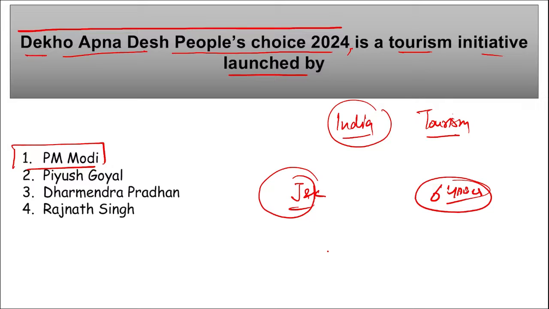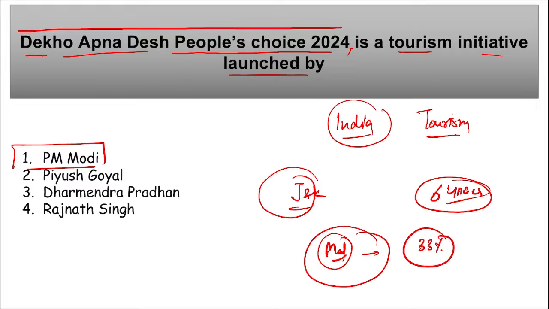Not just that, even Maldives recently, when there was a fight going on between India and Maldives and Indians started boycotting their nation, almost 33% of tourism declined in their country, right? Because Indian tourists were one of the major segments, almost one third of the tourists visiting that country, and their economy was heavily dependent on it. Correct? So coming back, Dekho Apna Desh People's Choice tourism initiative launched by PM Modi.